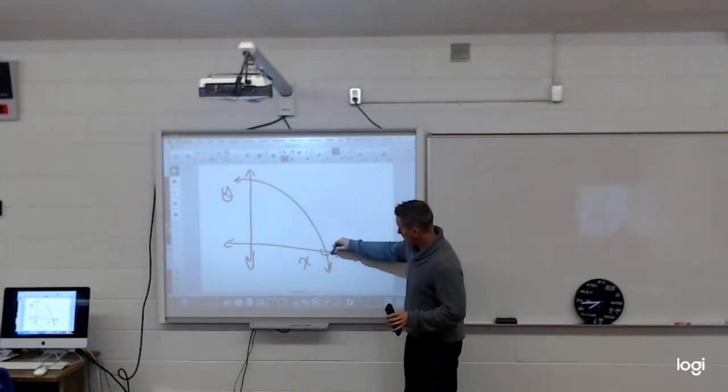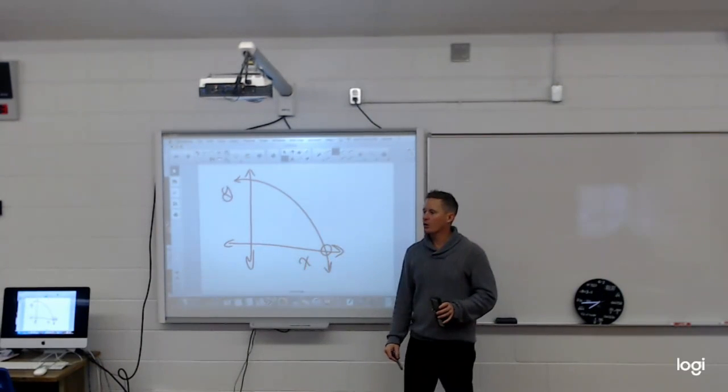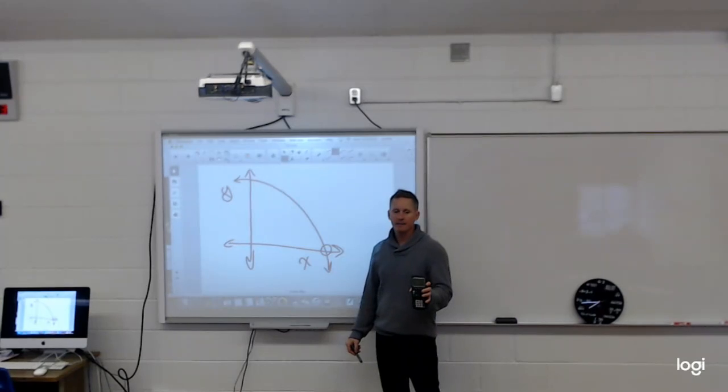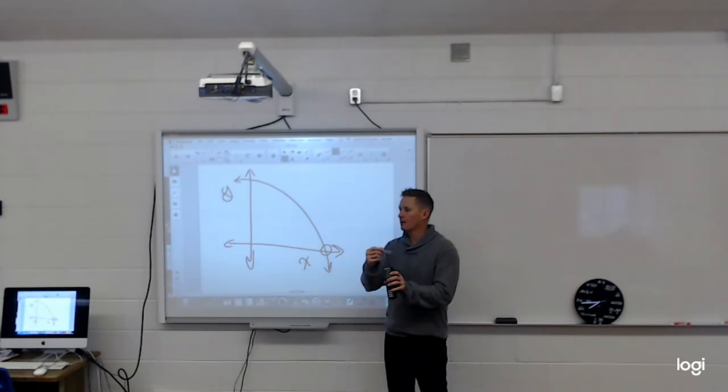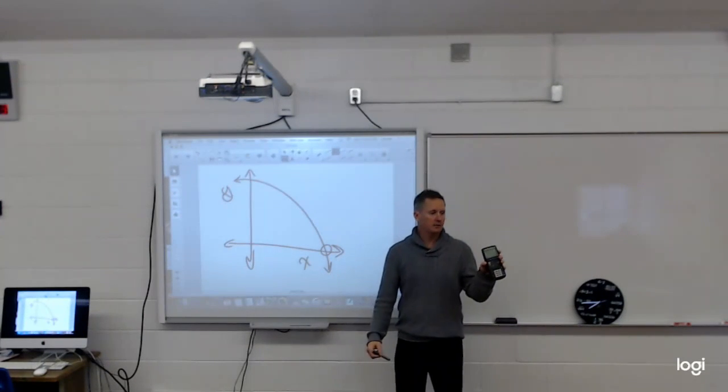Right there, where it crosses the x-axis. Agreed? What do we call that when the graph crosses the x-axis? My x-intercept or my root or my 0. That's what you need to do on your calculator.